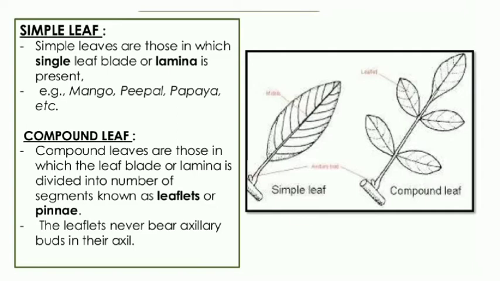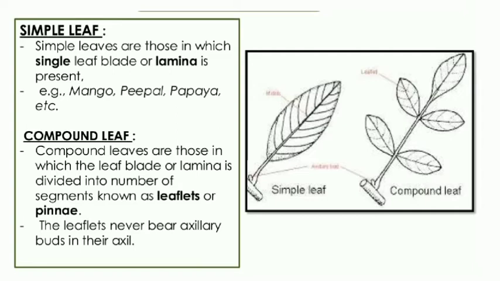In the axil of a simple leaf we can see the axillary bud, but in the axil of leaflets we will not see any axillary bud. That is the main difference. Simple leaves have an axillary bud, compound leaves do not.